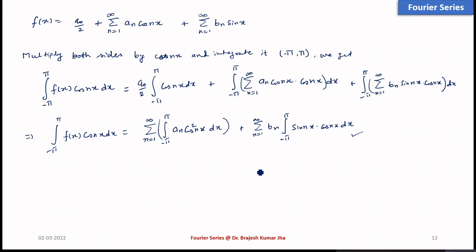If we write m and n different, then what will happen? In the place of cos nx, we could write cos mx. So it is not going to change the result right now, but it will be true for all m and n. Okay, so I am putting m here.